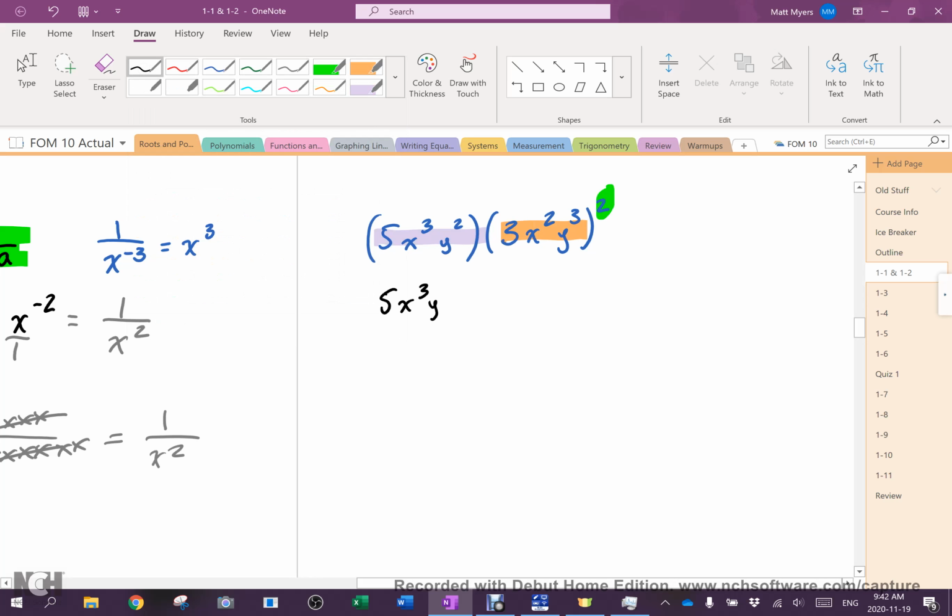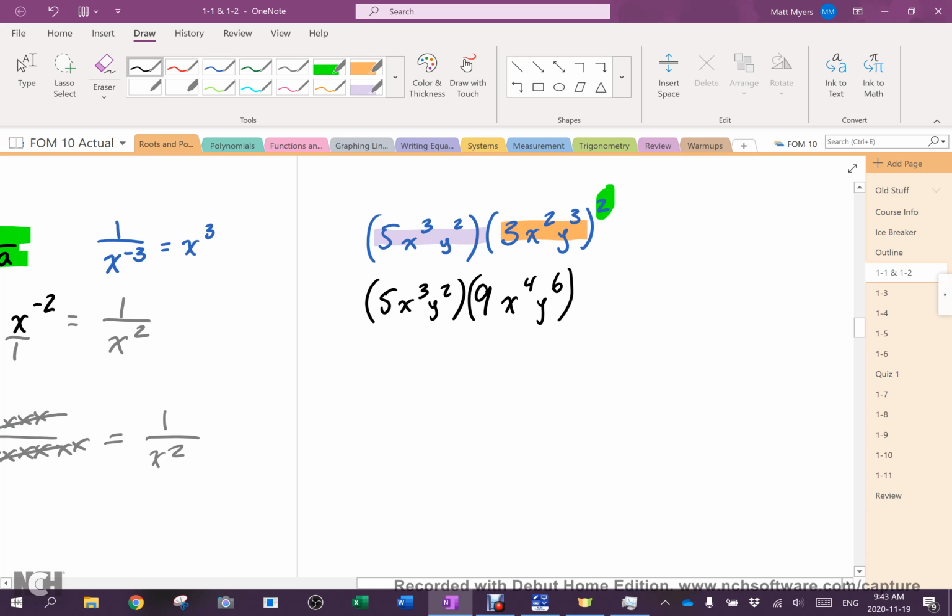5x cubed y squared. What does the orange one become? 6? X. 3 squared is 6. I told you someone would do it. No, 9. 9. X to the 4. Y to the 6. Now what?